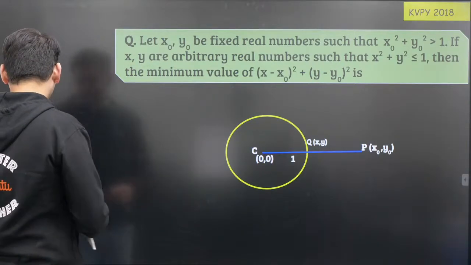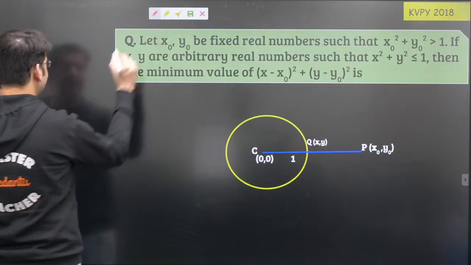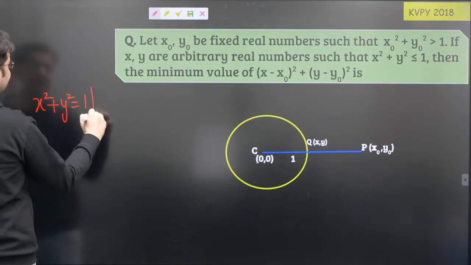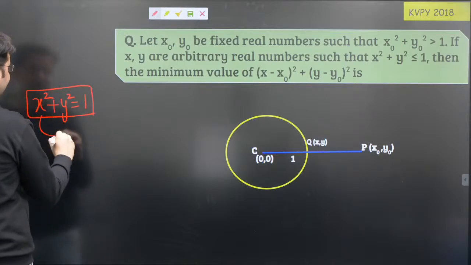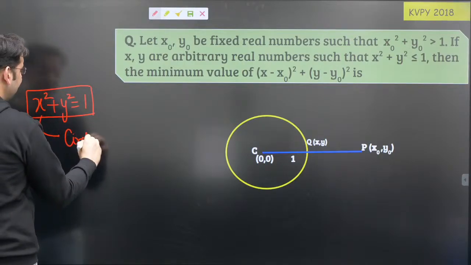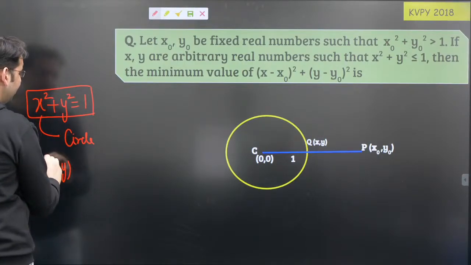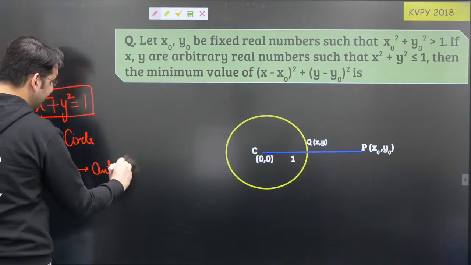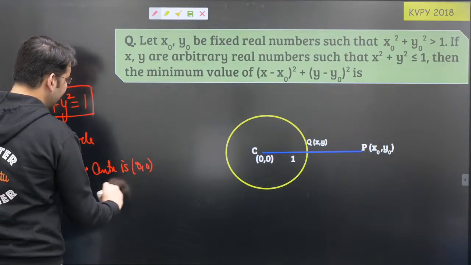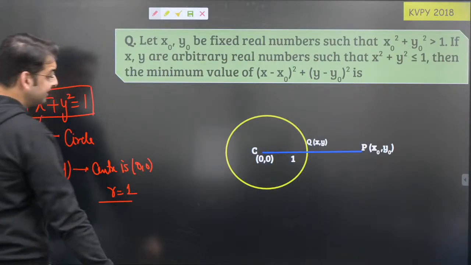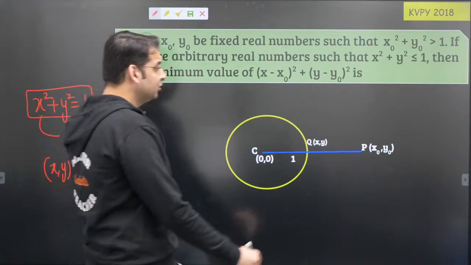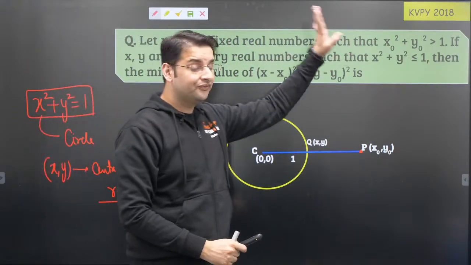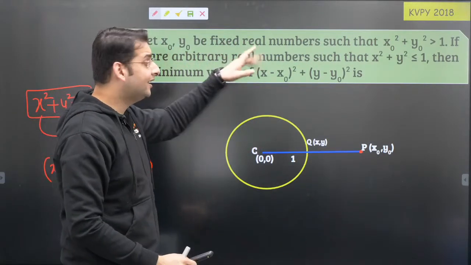So children, first you should know that x square plus y square is equal to 1 is a figure called a circle. So here x and y are general points which lie on a circle whose center is 0, 0 and radius is 1. Center is 0, 0, children, radius is 1. Here X0, Y0 is a fixed point, and x, y are general arbitrary points.